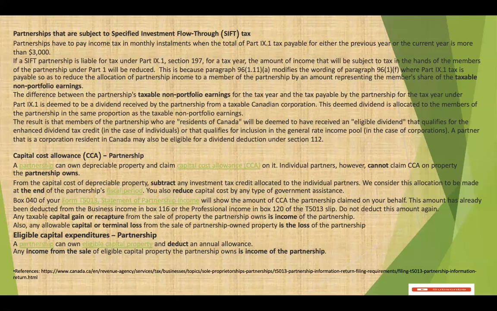From the total cost of depreciable property, you subtract any investment tax credit allocated to the individual partner. We consider this allocation to be made at the end of the partnership's fiscal period. You also reduce capital cost by any government assistance that you receive.